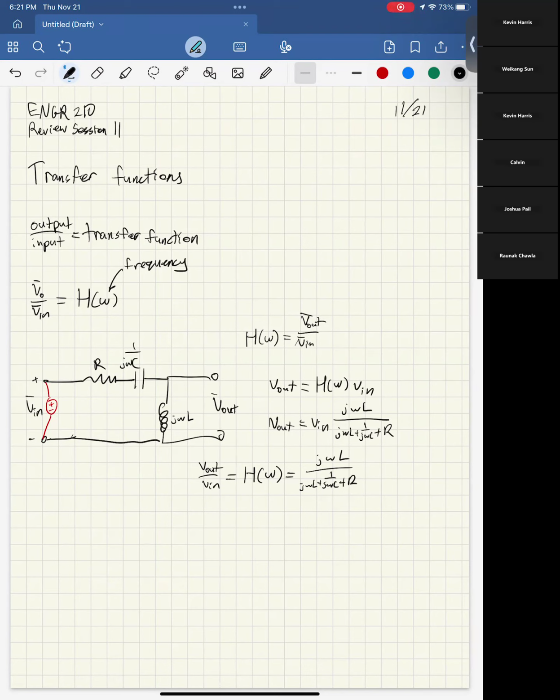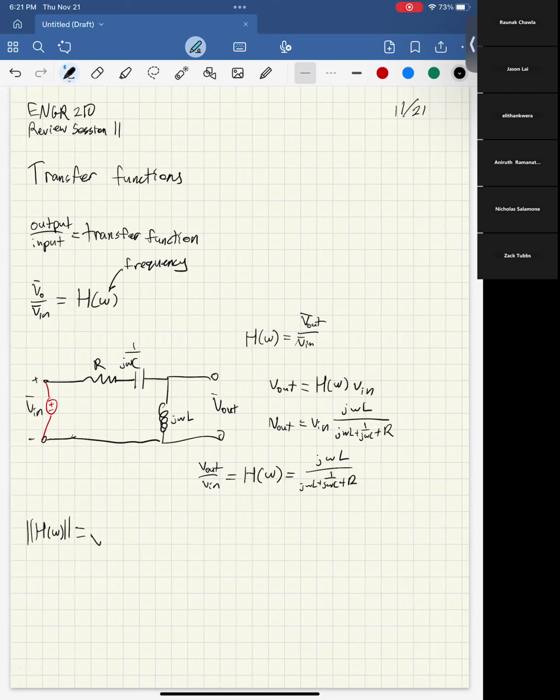Some other terminology: the magnitude of a transfer function. So if I have the magnitude of H of omega, I think someone might be unmuted. Make sure you check that.